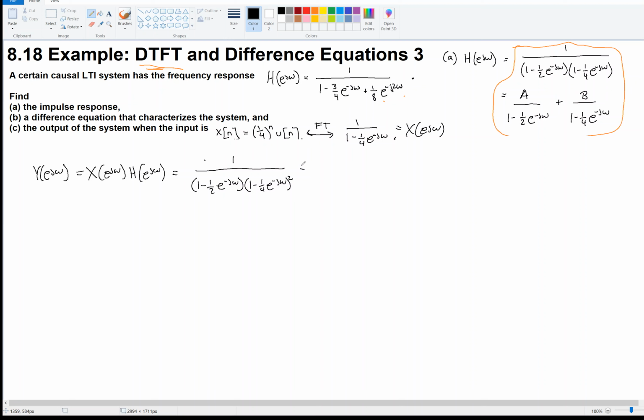So now from partial fraction expansion, and I don't want to get into why this is, but hopefully you recall the form of the expansion is like this. I've got something over 1 minus 1/2 e to the minus j omega from this term. I have something over 1 minus 1/4 e to the minus j omega from this term, and then I have something over that repeated root, 1 minus 1/4 e to the minus j omega squared, like that.